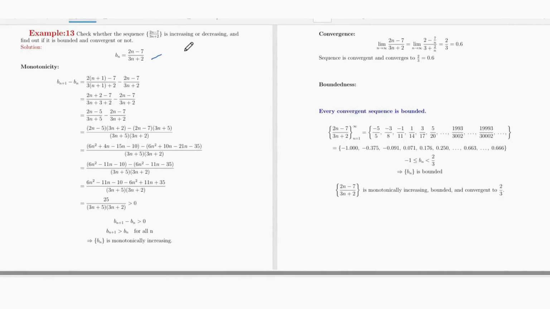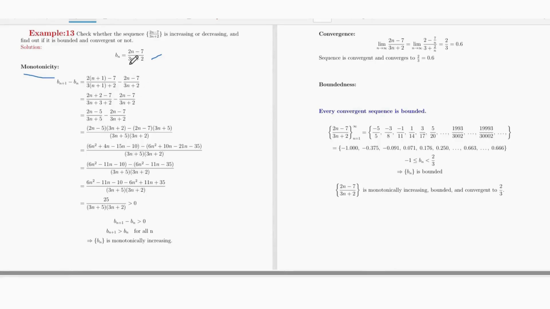Now first of all we need to check whether the sequence is increasing or decreasing, so we need to check the behavior of monotonicity. As we discussed in the previous example, for this we take the difference between the n plus 1 term and the n term. So take bn plus 1 minus bn.